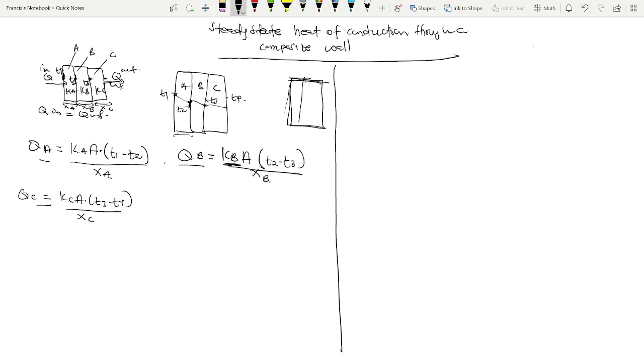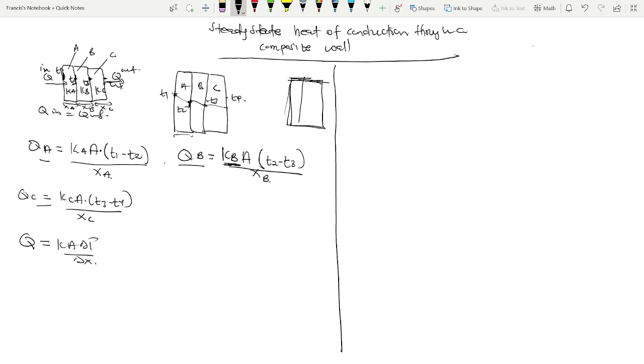Now we are saying that the heat transfer at each wall will be the same. Now from our previous video, we were able to establish something called the thermal resistance. The whole idea of thermal resistance is that it's going to help us know how much heat is being prevented from entering the wall. So if you have heat entering, we can have our Q. We said our Q is equal to KA change in T over the thickness.